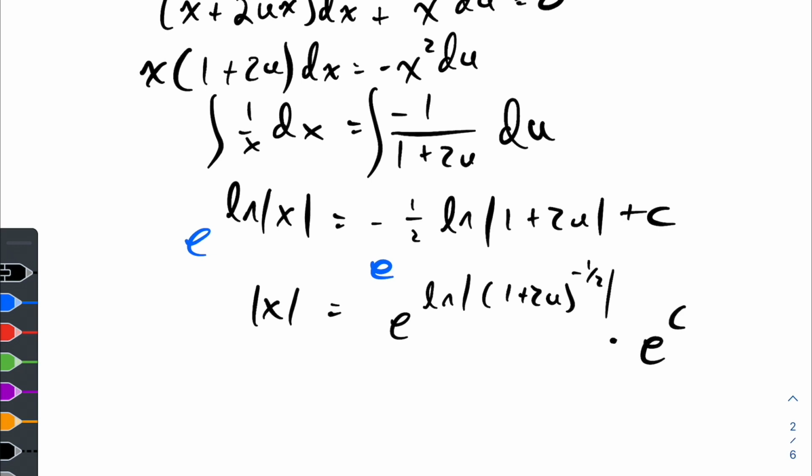And then this is times e to the c, just using exponent rules. E to the this plus this is equal to e to the this times e to the that, and then I'm going to replace e to the c with just a different c. So c times absolute value 1 plus 2u to the negative 1/2.